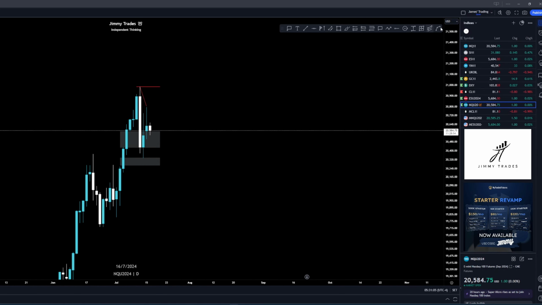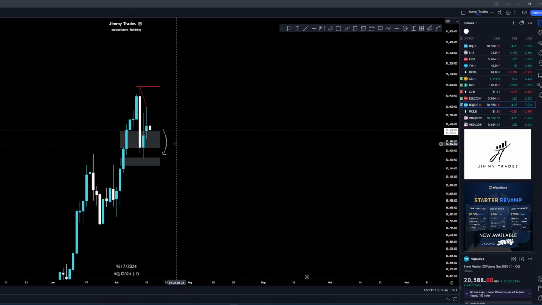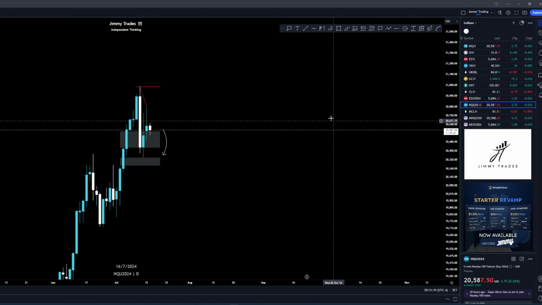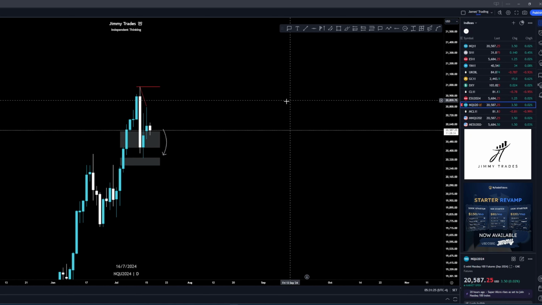So I'd be looking for price to continue lower here. So bearish, let's clear these off. Bearish on NQ on the daily. Let's drop down to the hourly.